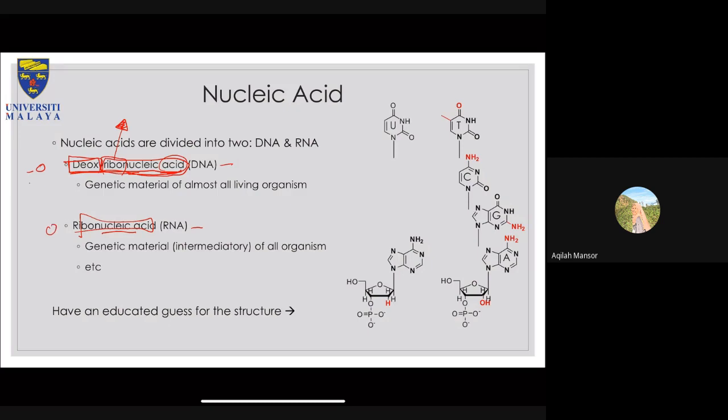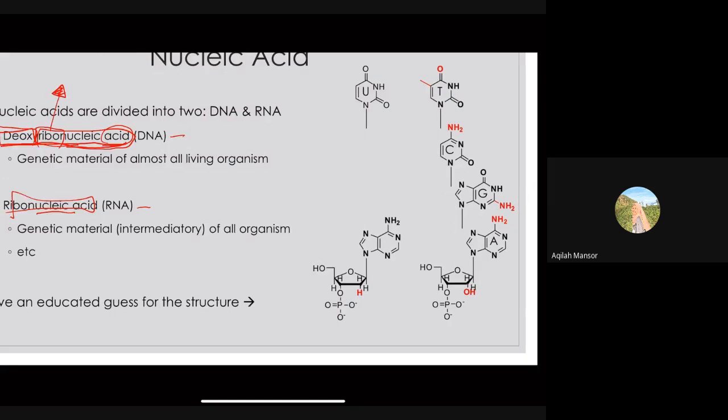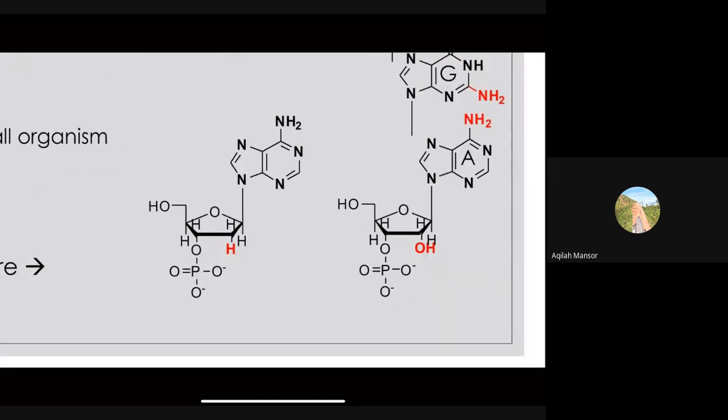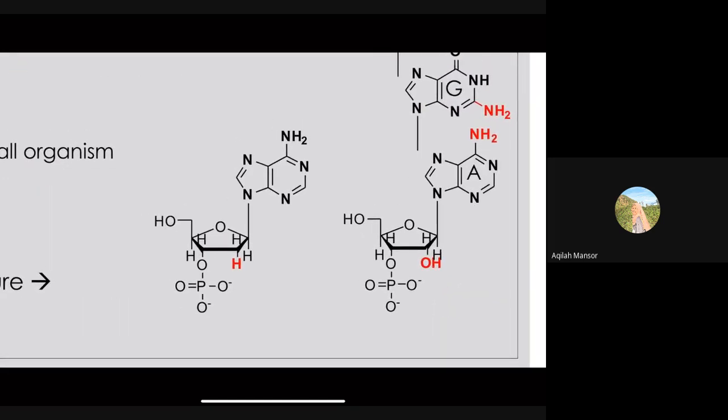So if you look at the structure on the right-hand side, ignoring the base, which is the base component that we will look at after a while, we're just focusing on the naming. Okay, so we have ribonucleic acid. One is deoxy, one is just ribonucleic. If you look, this one has an extra O compared to that one.